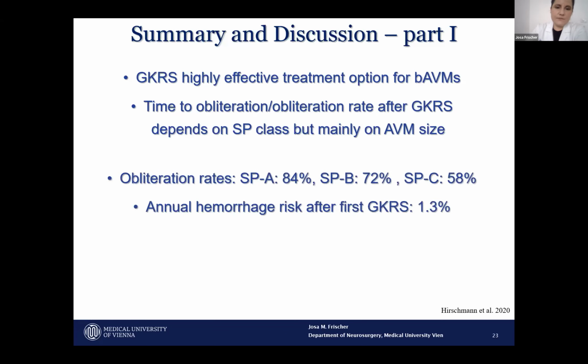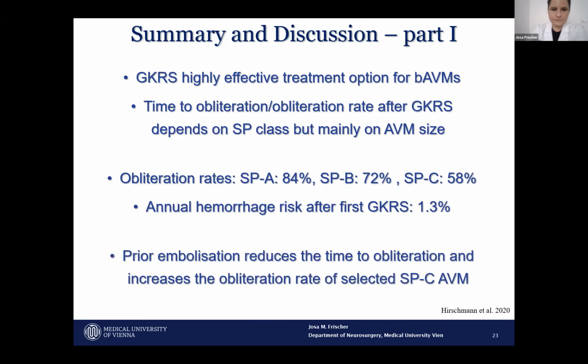And with treatment, as we have already heard before, in a dedicated tertiary referral center with a high caseload, we actually achieve very good obliteration rates with a very low annual hemorrhage risk after radiosurgery. And if you closely work together with your vascular colleagues, prior embolization reduces the time to obliteration, increases the obliteration rate of selected high-class brain AVMs.